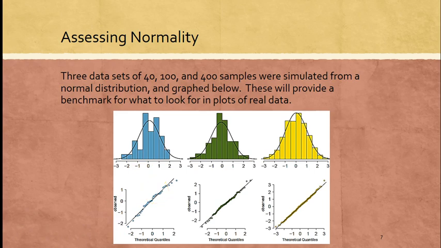The histograms look more and more unimodal symmetric. The probability plots tend to look straighter. All these, the points more or less follow the line, just a little bit above and below, but as the sample size increases, we get better and better results.